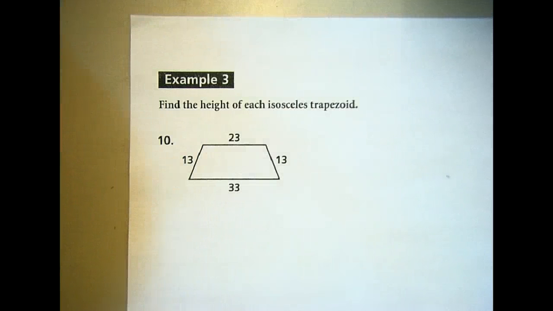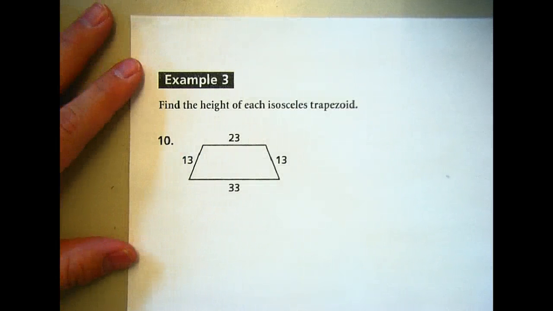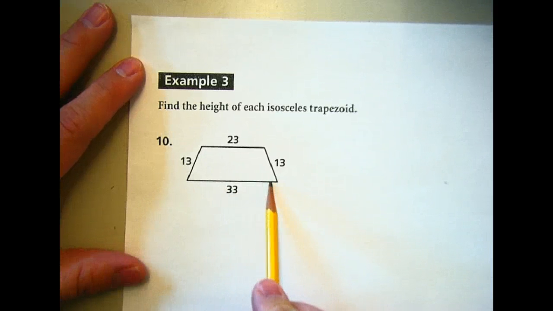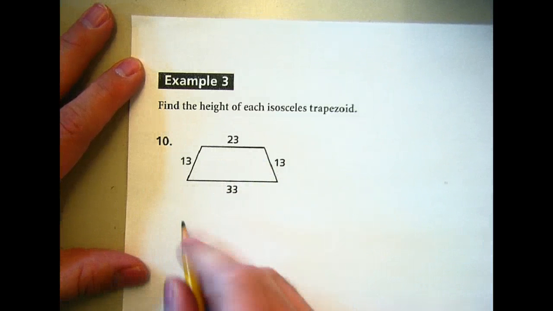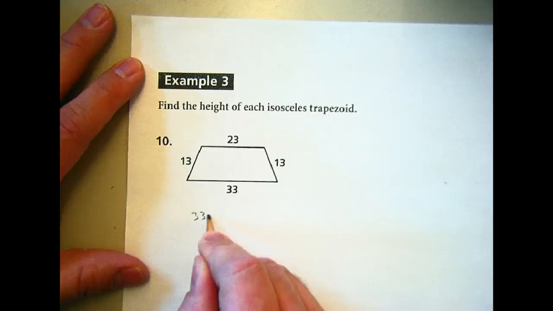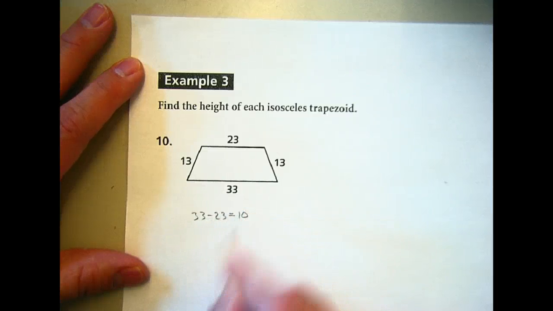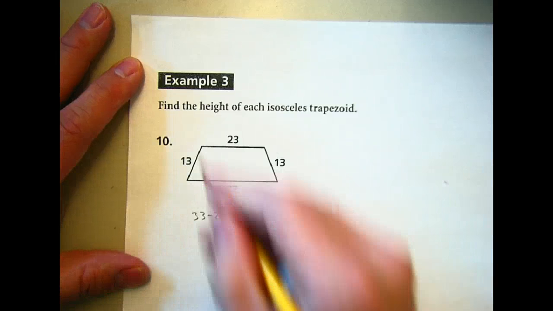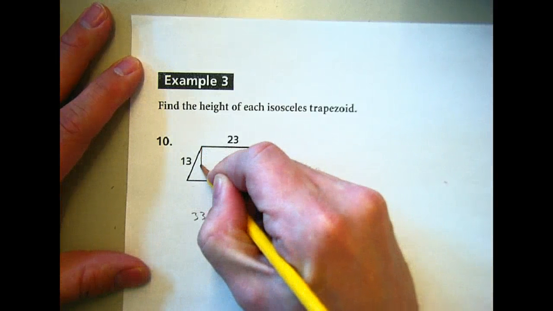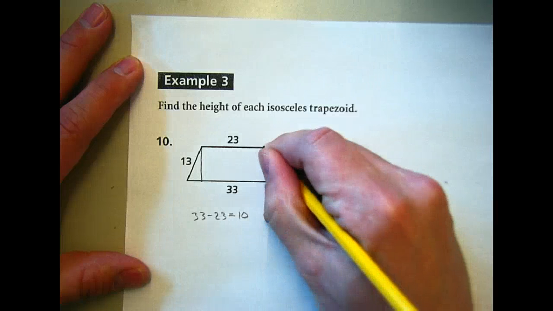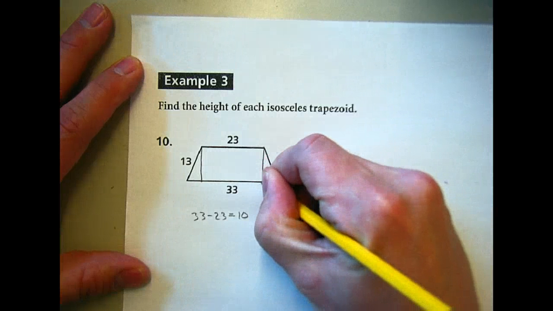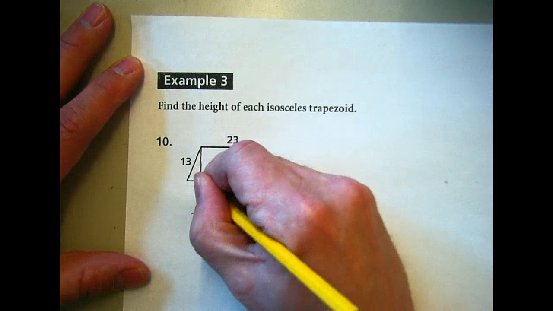Well, Andrew, how'd you get 12? I did the base 33 minus the top base 23, and I divided that by 2, and then I did the Pythagorean theorem. Why did you divide by two? 33 minus 23. When I take that 23 off of the 33, I'm left with 10.